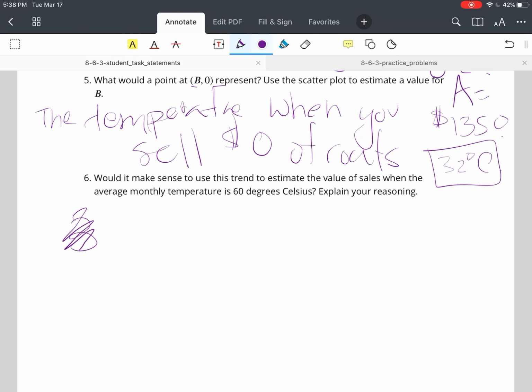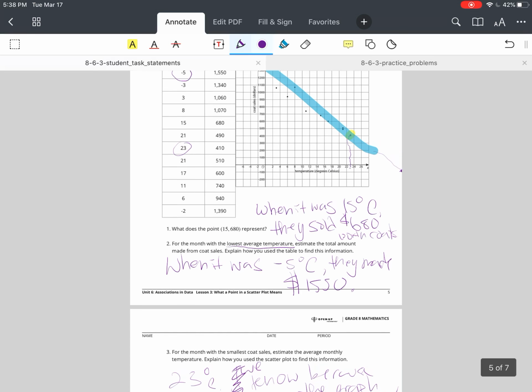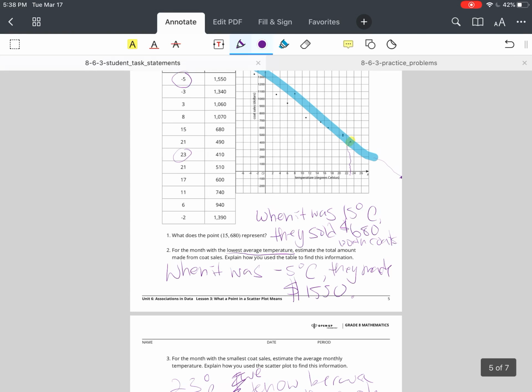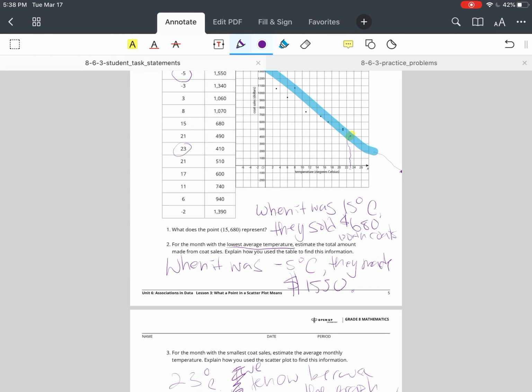Would it make sense to use this trend to estimate the value of sales when the average monthly temperature is 60 degrees Celsius? So first of all, 60 degrees Celsius is like 120 degrees Fahrenheit. That would be hotter than the hottest recorded temperature ever in real life. It already crosses, I believe, the x-axis before it gets to 60.